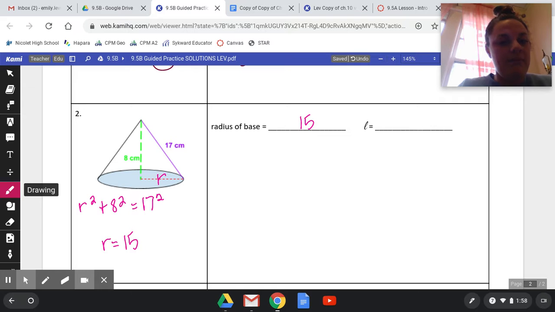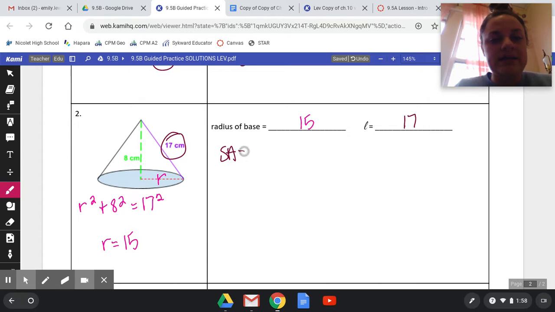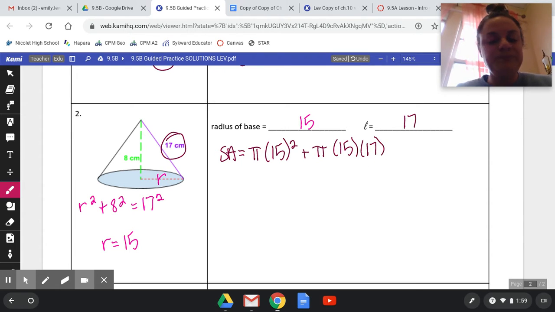And then my slant height is given to me. L is 17. So surface area is equal to pi r squared, so pi times 15 squared, plus pi r L, so pi times 15 times my slant height, 17. So enter this into your calculator.